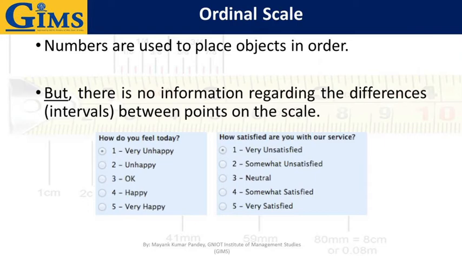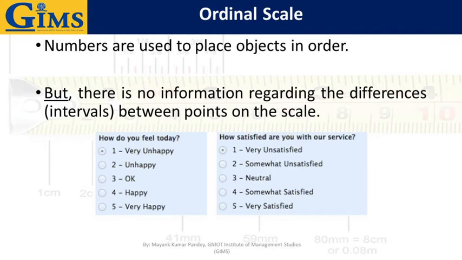But this cannot be analyzed in statistical tools. So what it requires is order. If someone is responding 1, it means they are very unhappy. But if the same person or another person is responding 5, that is considered very happy. So the response is ranging from 1 to 5.